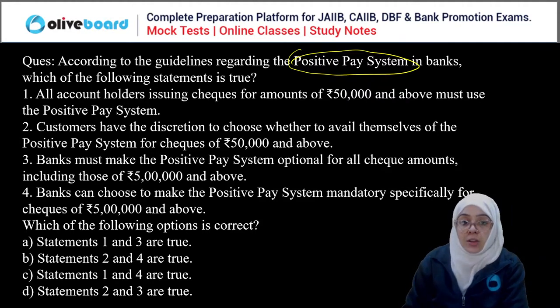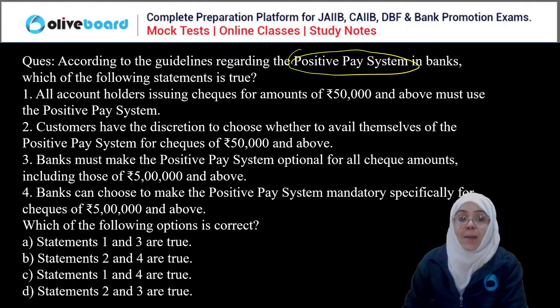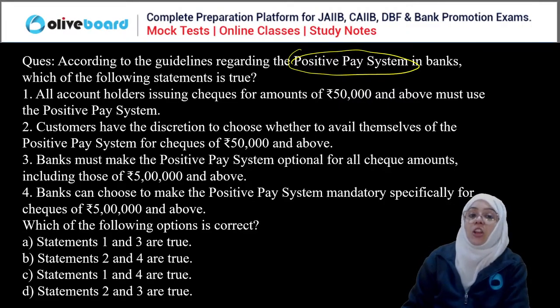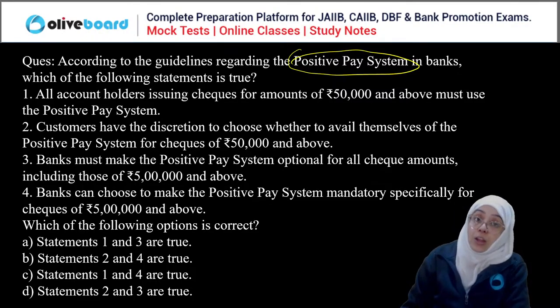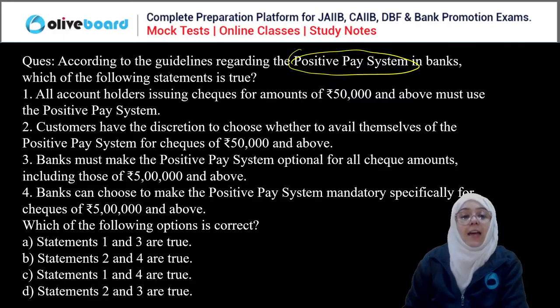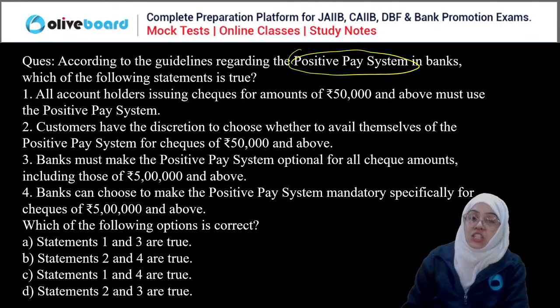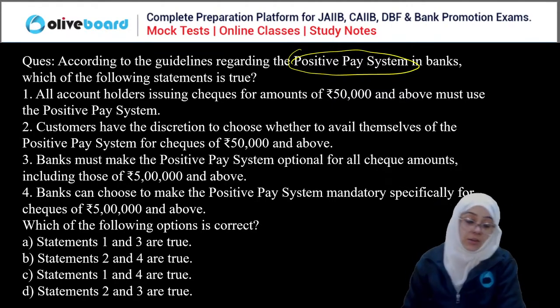Customers have the discretion to choose whether to avail themselves of the positive pay system for checks of 50,000 and above. A bank must make the positive pay system optional for all checks, including those of 5 lakhs and above. Banks can choose to make the positive pay system mandatory specifically for checks of 5 lakh and above.